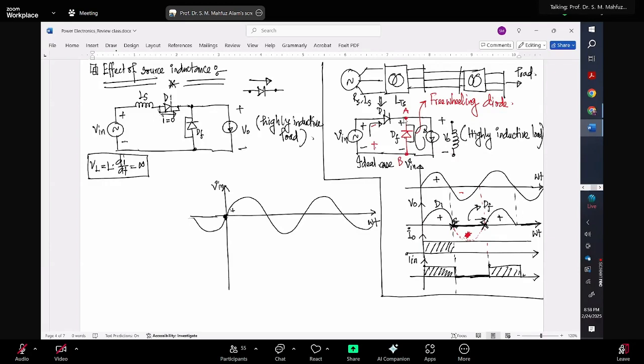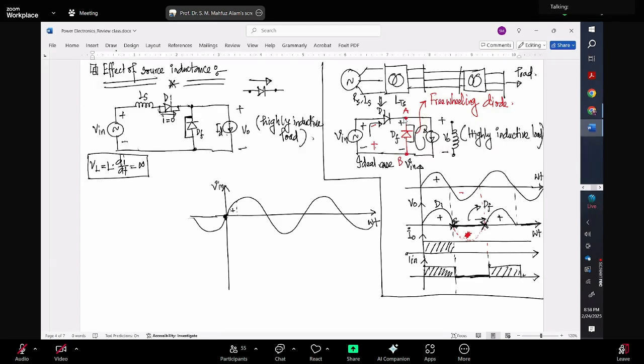But now, since you have an inductor in the circuit, the inductor doesn't allow the current magnitude to jump to a certain value in zero time. So up to a certain point, both diodes will be turned on.